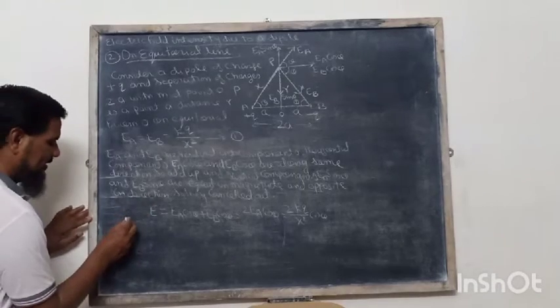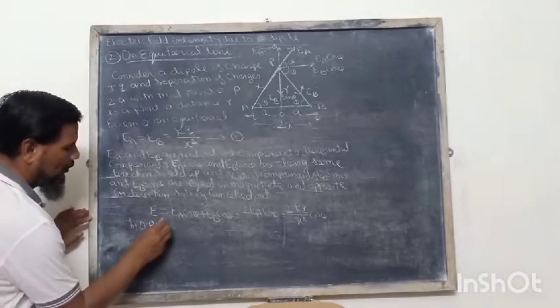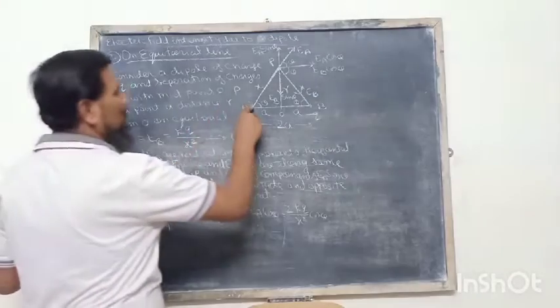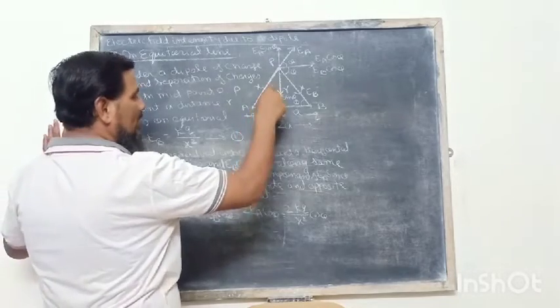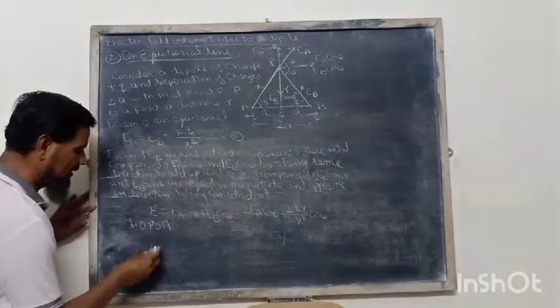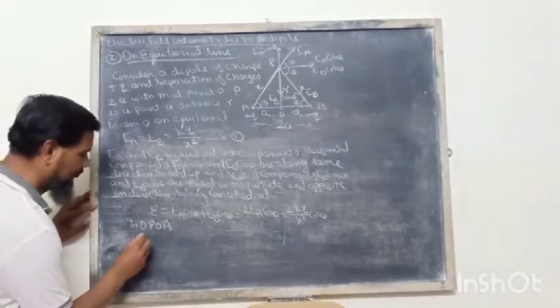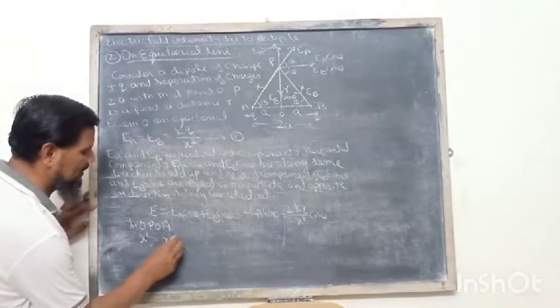Now we consider triangle POA. This angle is theta, and this is the hypotenuse, this is the base, this is the perpendicular. So according to the Pythagoras theorem, x square is equal to r square plus a square.